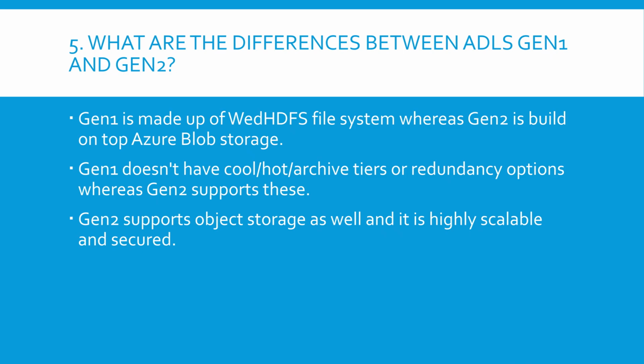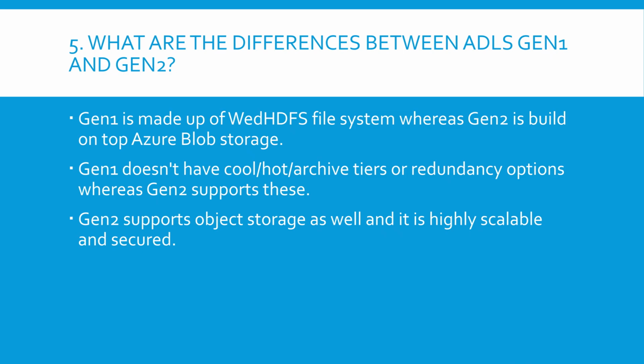Gen 1 is made up of the HDFS file system, whereas Gen 2 is built on top of Azure Blob Storage. Gen 1 doesn't have cool, hot, or archive tiers or redundancy options. We will understand the redundancy options in a later section of this video. But Gen 2 supports the latest options for access controls and lifecycle management like cool, hot, archive, and redundancy options.